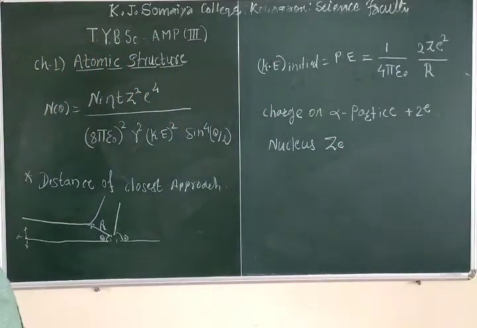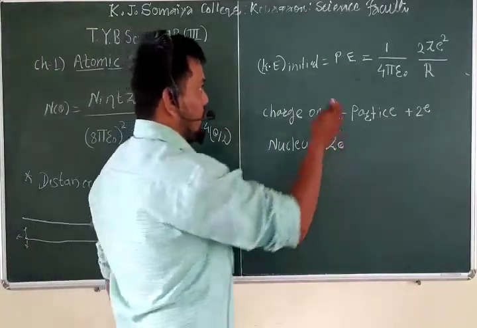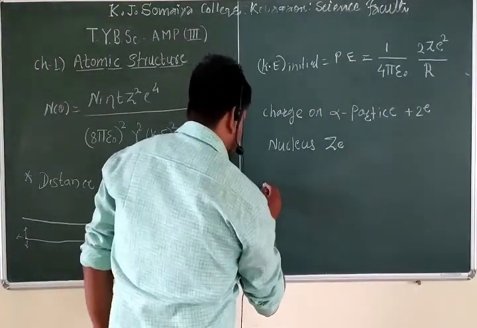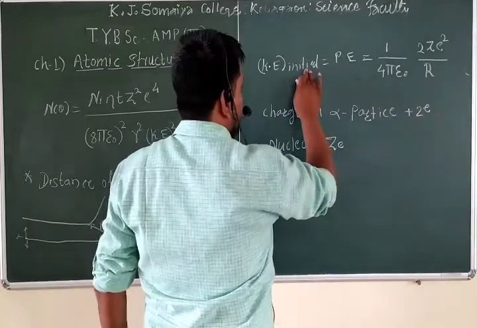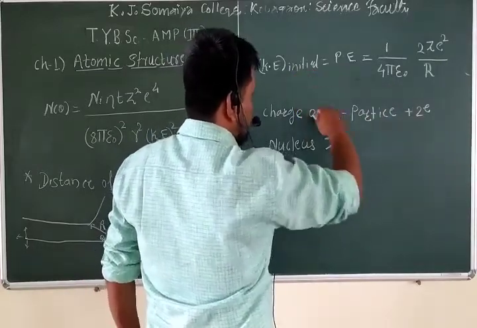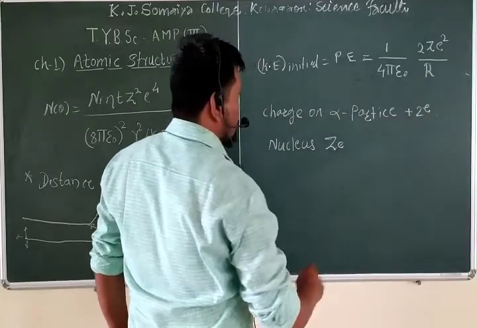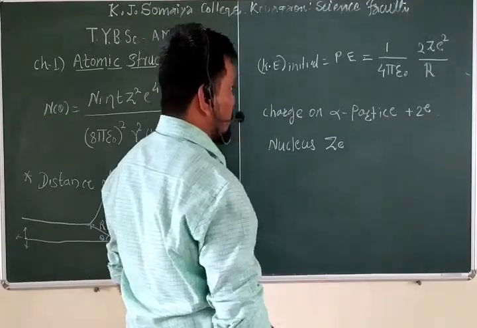We want to calculate r from this formula. The r goes to one side and the initial kinetic energy goes to the denominator by cross multiplication.